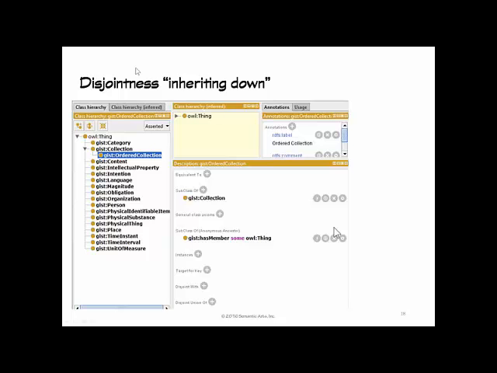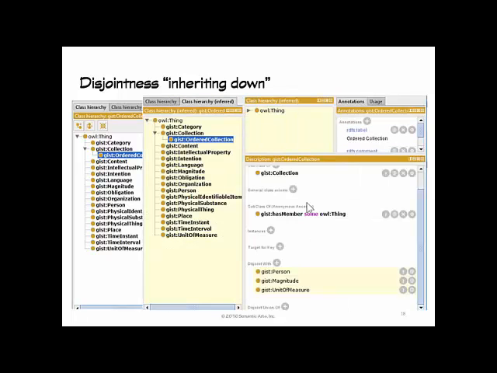So here I clicked on one of the things below collection, which is called ordered collection. As you can see, there's no disjointness asserted here, and yet a few slides ago we saw that collection was disjoint with three of the classes. But then after you run the reasoner, everything goes yellow.